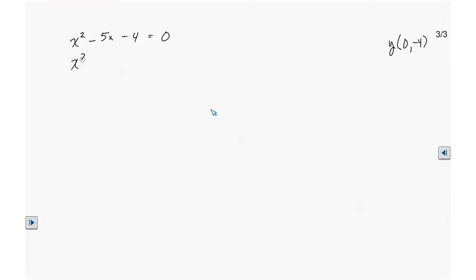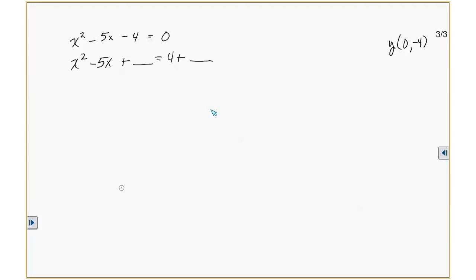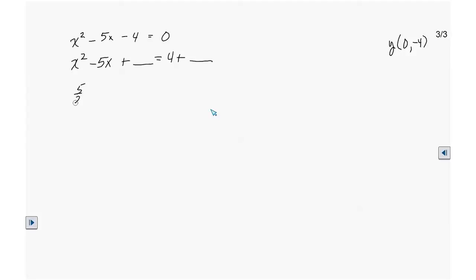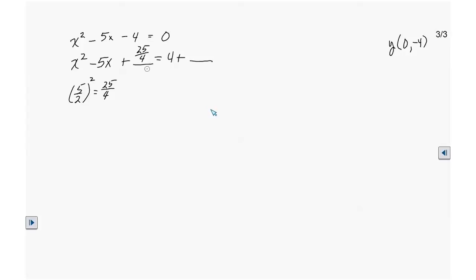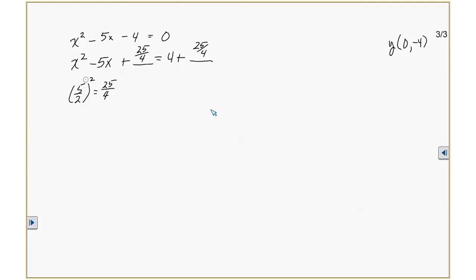X squared minus 5x plus blank is equal to 4 plus blank. 5 halves, quantity squared, is equal to what? 25 what? 25 fourths. And that'll give you shortcut number 2.